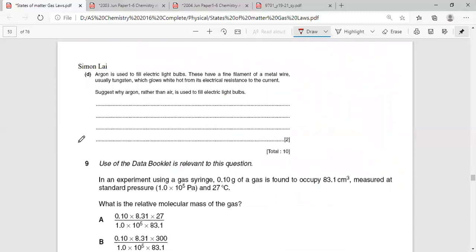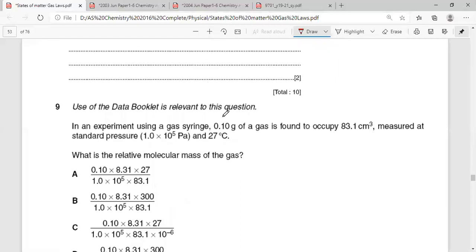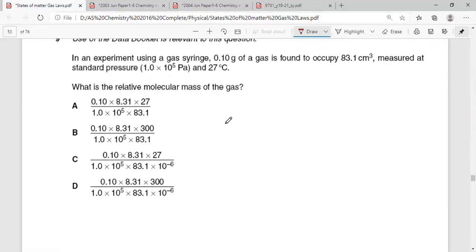Okay, now here, this is a normal calculation question, which I think you all can do. Using an experiment with a gas syringe, 0.10 gram of gas is found to occupy... So let's draw a syringe, with a plunger.